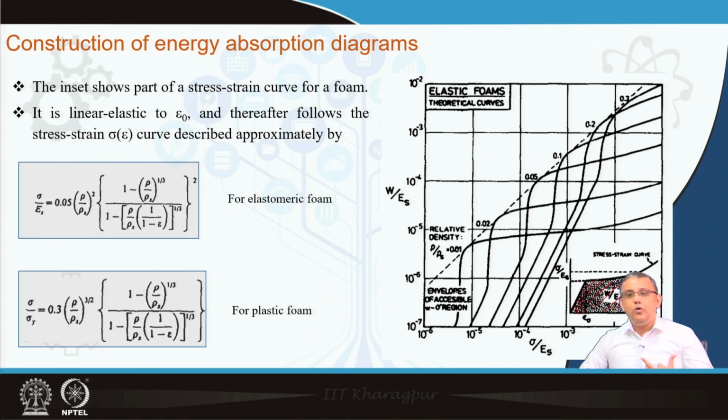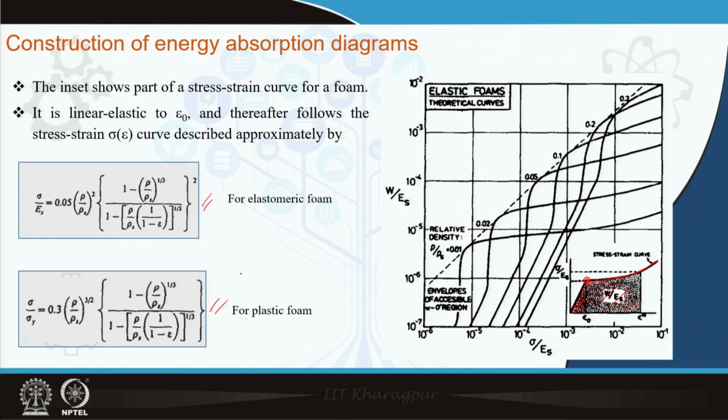Now, as we all know, the amount of energy absorbed in the elastic region is very low. So, most of the energy is absorbed in the plastic region, starting from the point where the plateau stress starts. This plateau stress region of the stress strain plot is defined by these expressions over here.